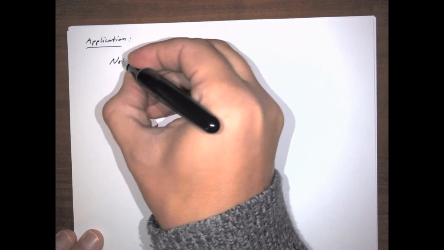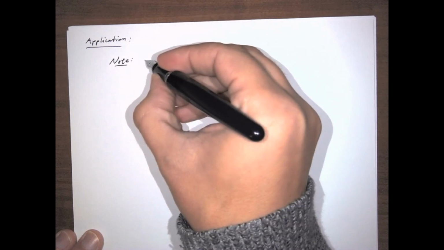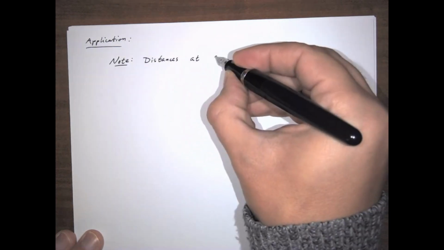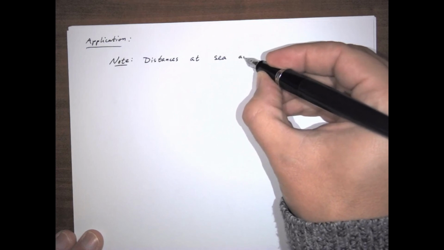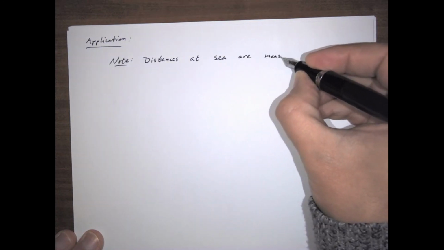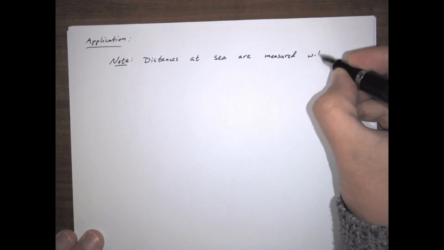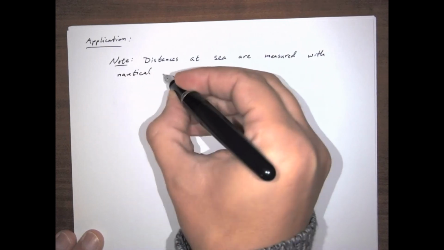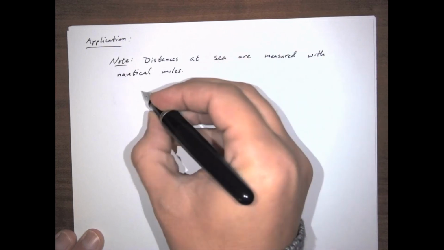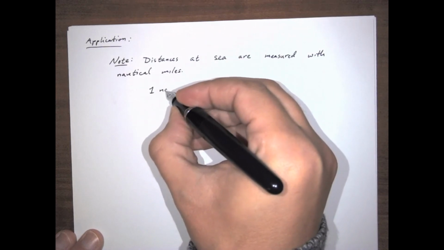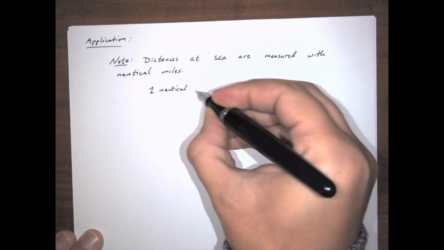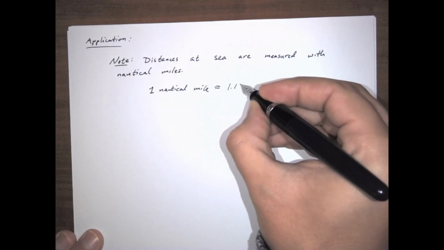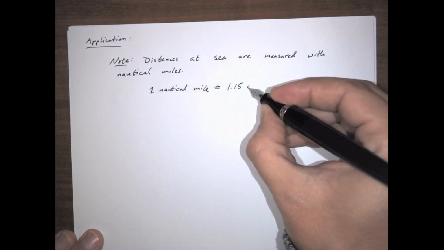So quick note, distances at sea are measured with nautical miles. 1 nautical mile is approximately equal to 1.15 statute miles, which is regular miles.